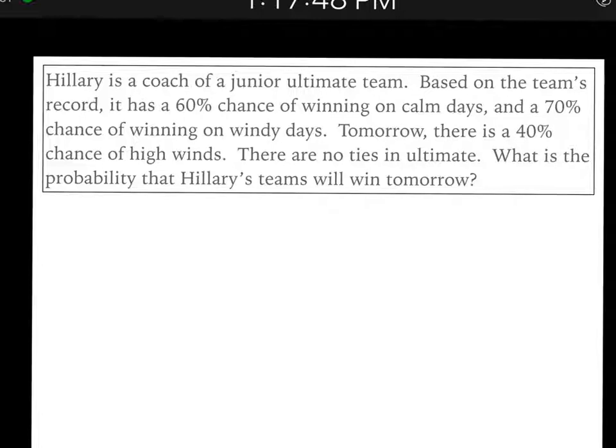It says tomorrow there's a 40% chance of wind. There are no ties. They're just telling you that so that you only have two possibilities. What is the probability that Hillary's team will win tomorrow? The trick here is that if it's windy, she has a higher chance of winning. So we have to look at the possibilities of it being windy, of it not being windy, of her winning, and of her not winning.